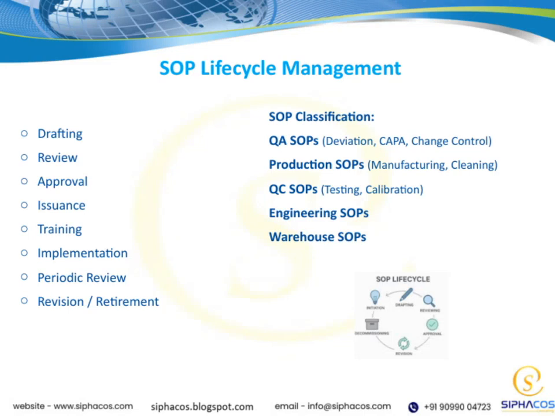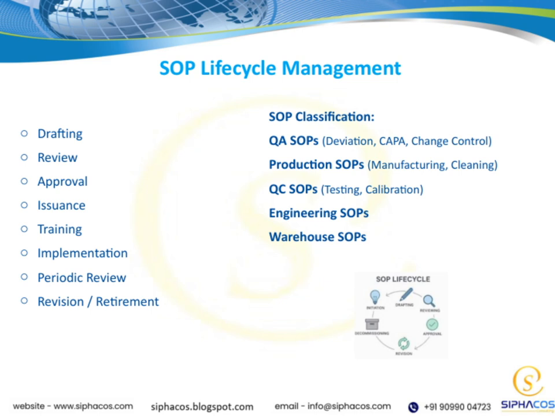Let's take a closer look at SOP classification. First, we have QA SOPs, which include procedures related to deviations, CAPA, and change control. These are critical for maintaining quality and addressing issues promptly. Then, we have production SOPs, covering manufacturing and cleaning processes, basically the hands-on procedures that ensure our products are made consistently and safely.